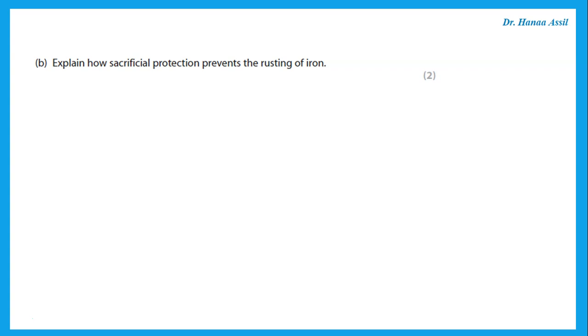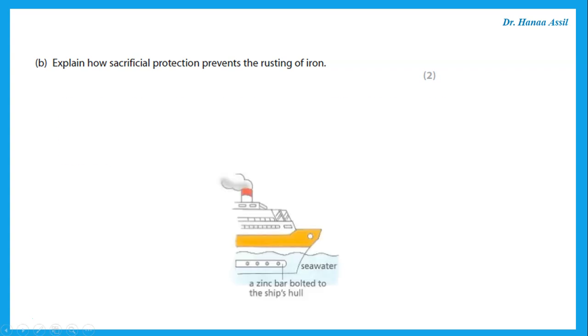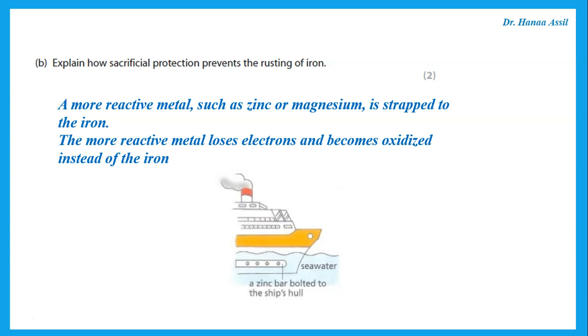Please remember, sacrificial protection is not a barrier method. It is a method in which a more reactive metal such as zinc or magnesium is attached to the iron or put in contact with the iron, and it works because the more reactive metal is the one that loses electrons and becomes oxidized instead of the iron.